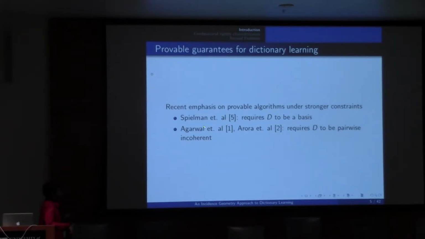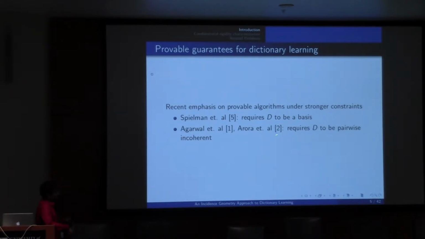So there was one algorithm by Spielman, which was then expanded upon by Agarwal and Arora, etc., which required the dictionary itself to be a basis. So in that case you want to find a basis such that the given set of data are as sparsely representable as possible in that basis.